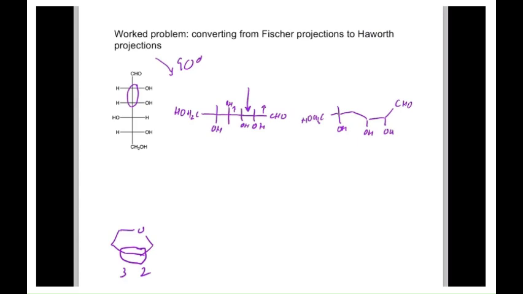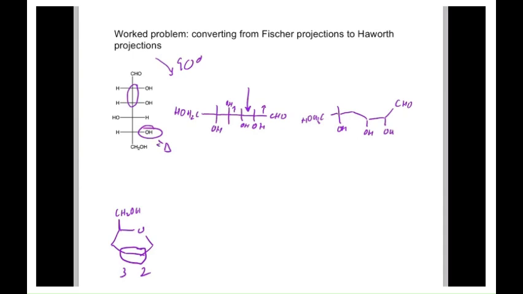Now, this is a D sugar, and we know that because the hydroxyl group at carbon 5 is on the right-hand side. So in D sugars, we expect that in our final structure, carbon 6 is going to be pointing up this way. That's to get the correct stereochemistry at carbon 5.